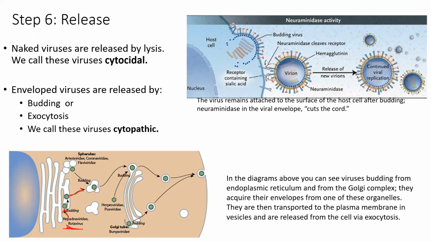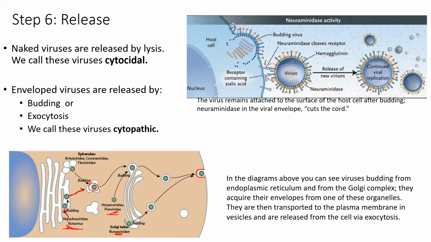Notice the intact enveloped virus is inside this little vesicle, which is going to follow its way out. And notice that once it gets to the end over here, it almost looks like the cell is spitting it out, right? It just pushes the virus outside of the cell. Now other viruses you see over here, the Herpesviridae, Poxviridae, the Bunyaviridae, are interacting with the Golgi complex.